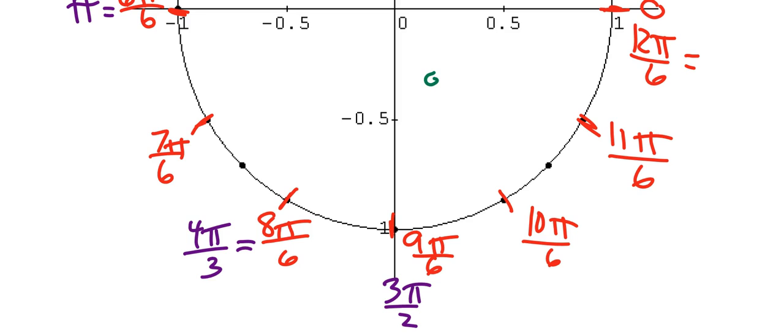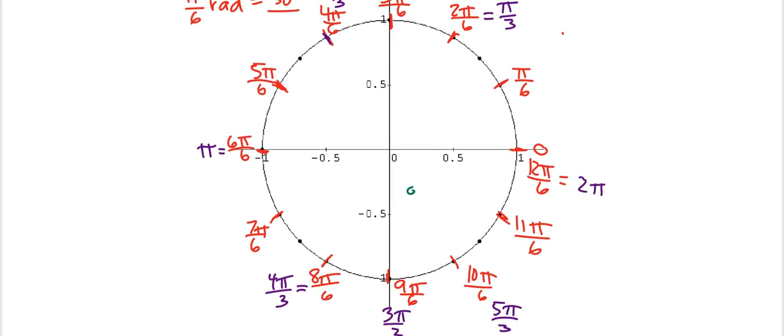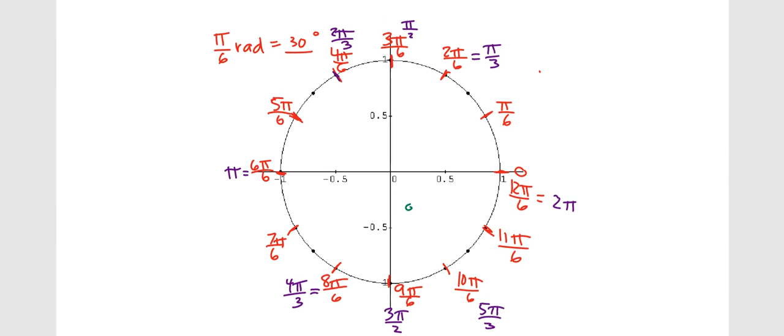That reduces, right? 5 pi over 3. And how about 12 pi over 6? 2 pi. We just hit the majority of the major points on the circle, and all we did was count around in increments of pi over 6 radians.